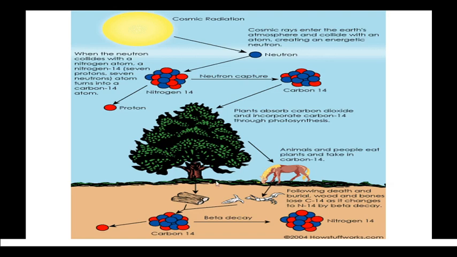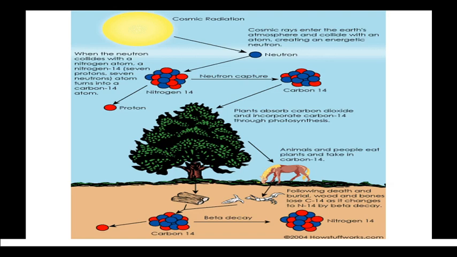Now what happens to animals? Animals and people eat plants and they also take in carbon 14. So this is the natural process that takes place in plants as well as in animals and people.